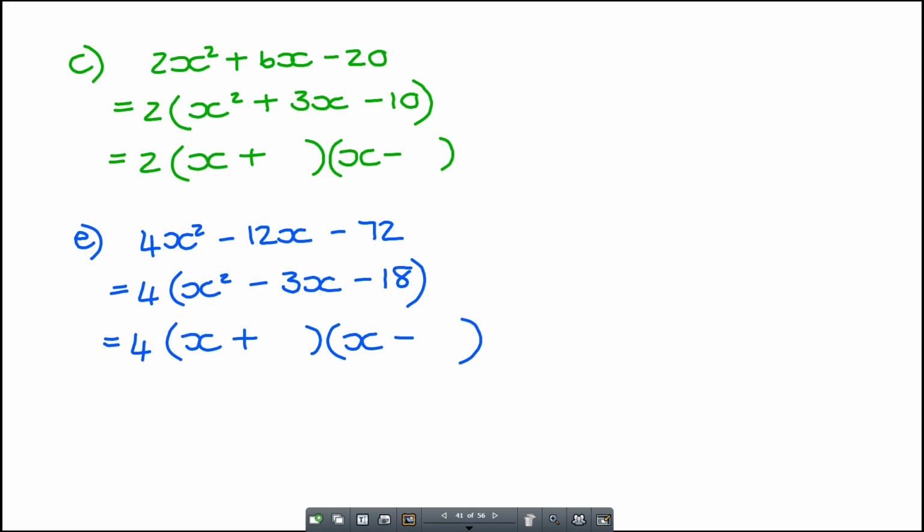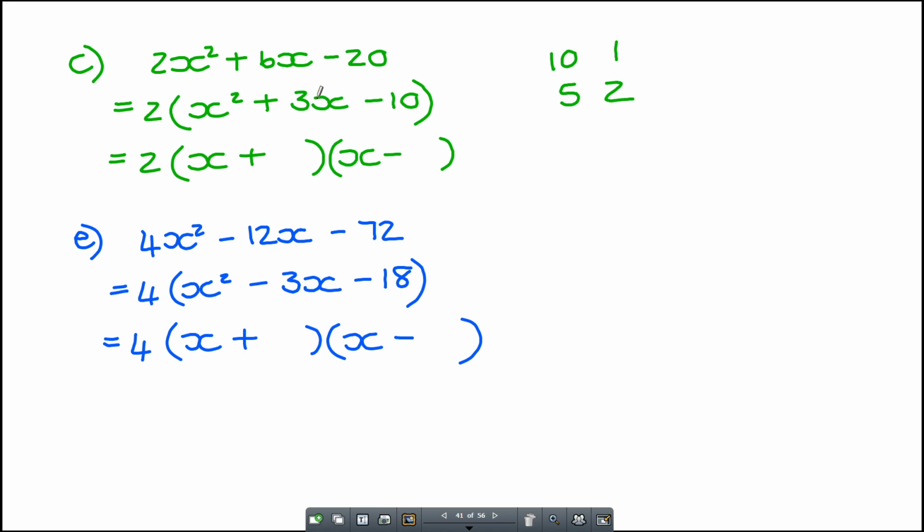Right, at C, you will see we have a coefficient for the x squared. So that's my clue. I first have to take out a common factor of 2. Then I get x squared plus 3x minus 10. Now, because of that negative, I know my brackets will be x plus something and x minus something. Factors of 10 is 10 times 1 or 5 times 2.